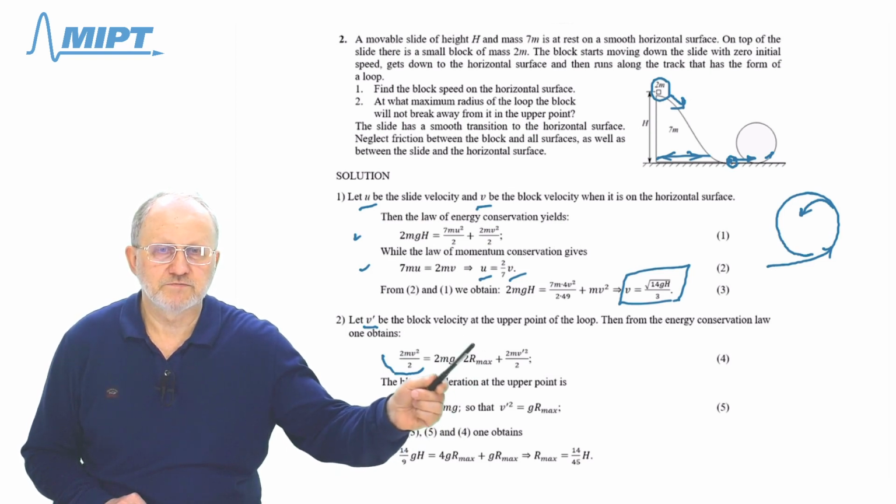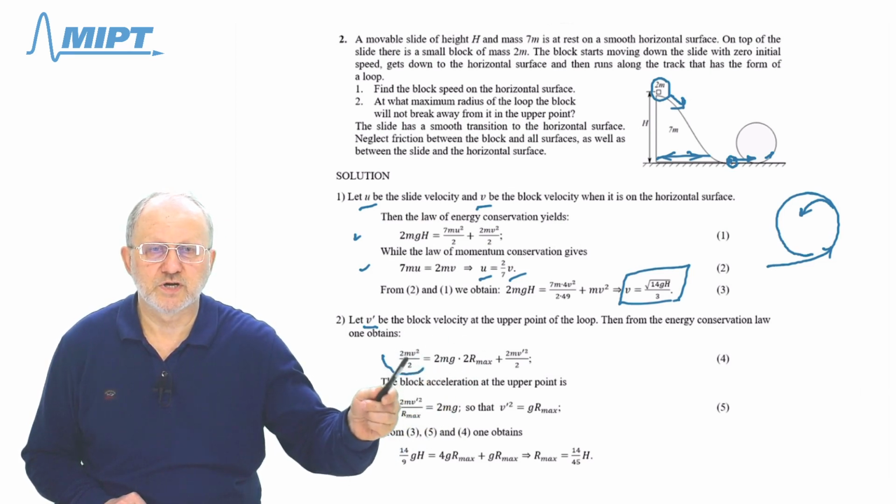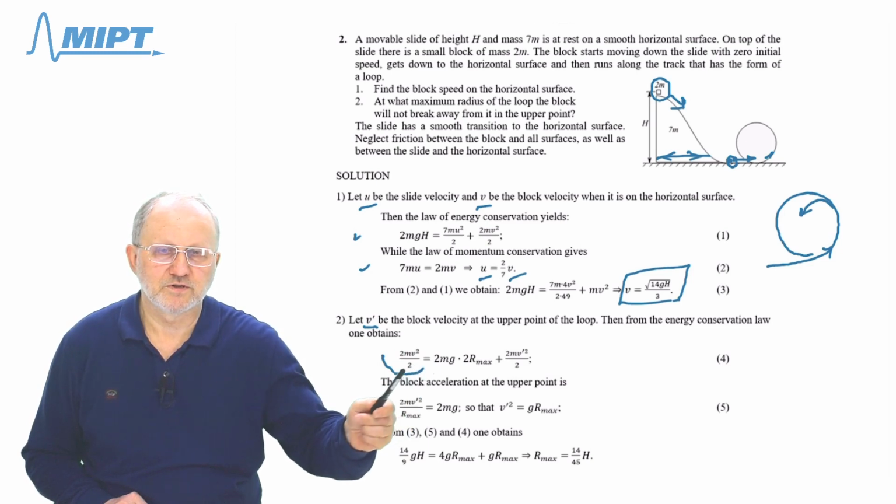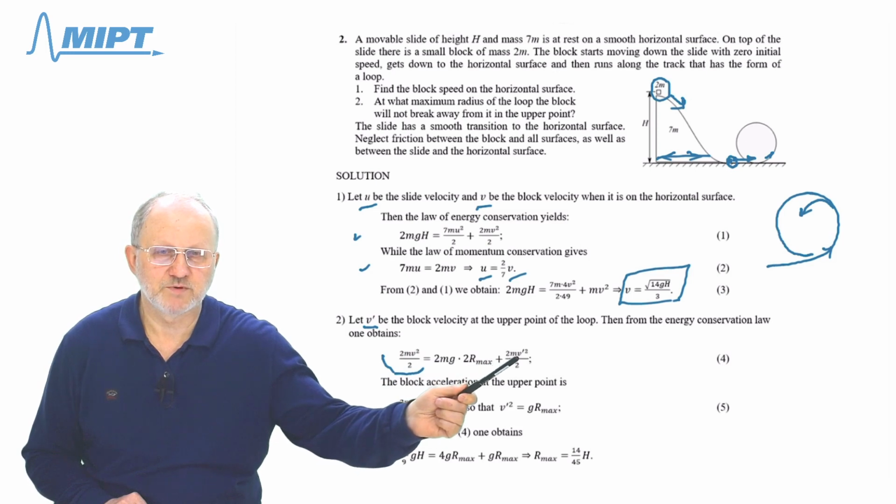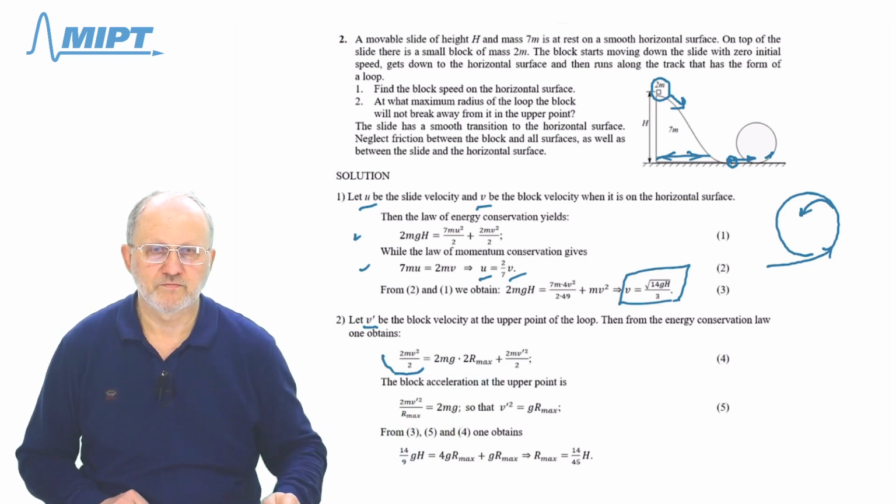So this equation allows one to obtain the velocity of the block at the upper point of the loop, v prime. That quantity can be found from this equation.